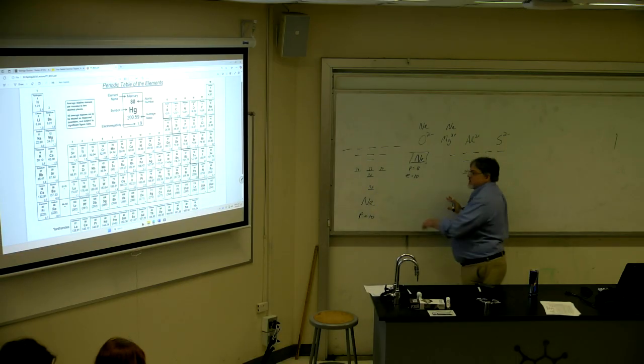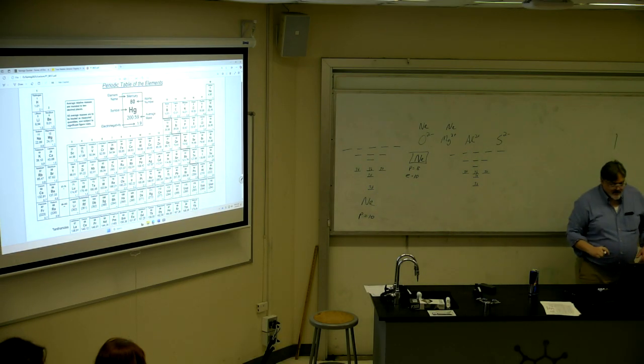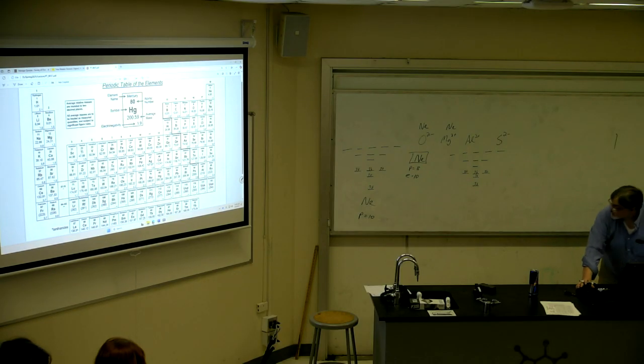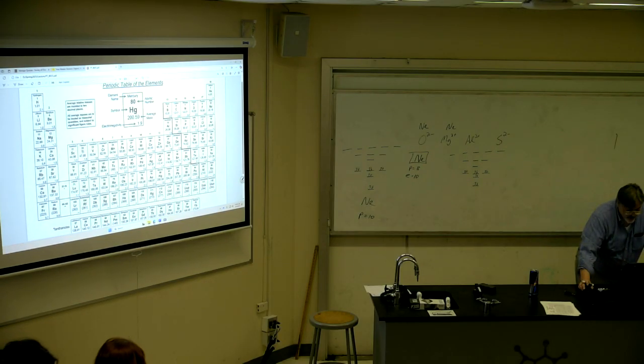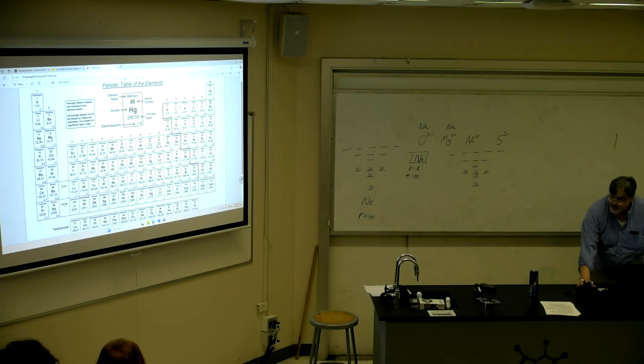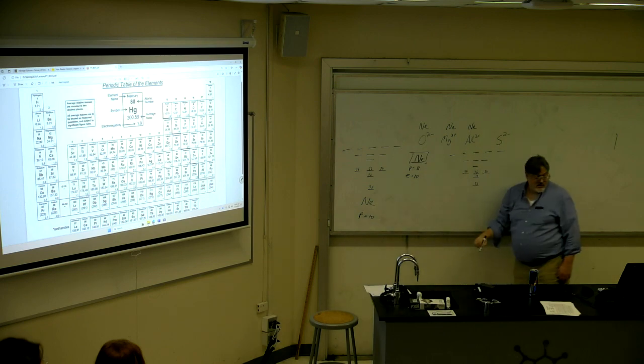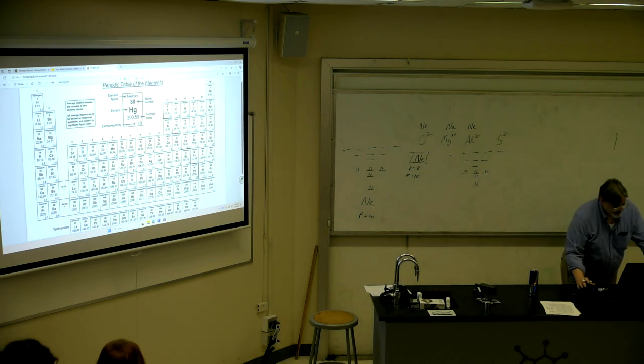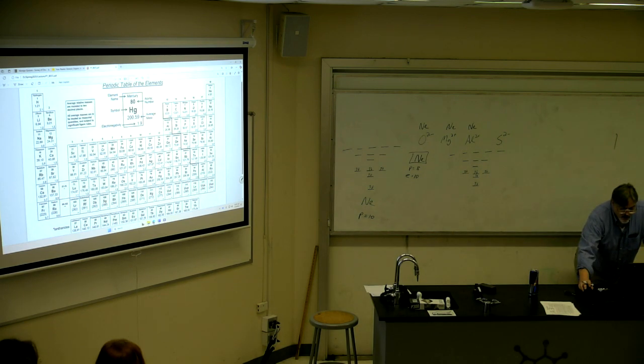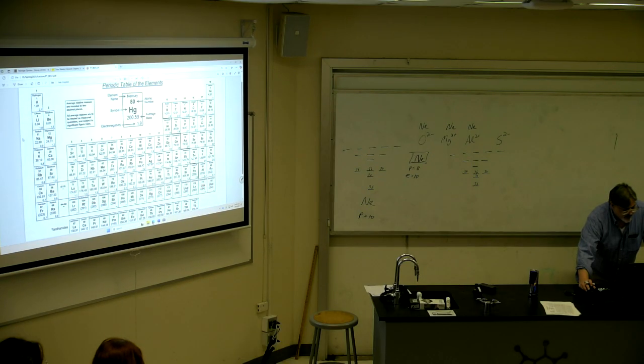It's got those two electrons, but it loses them and ends up with that same configuration as neon. Aluminum is here. It loses 3 electrons and it becomes just like neon. So all 3 of those have the same answer.